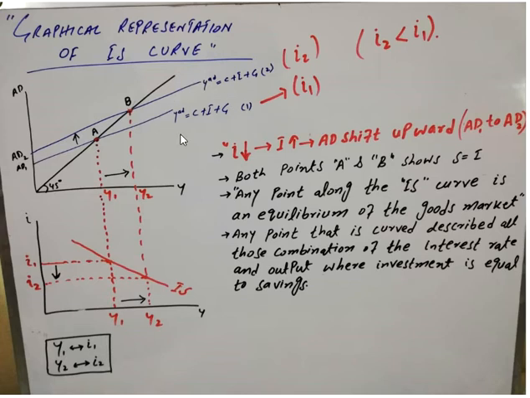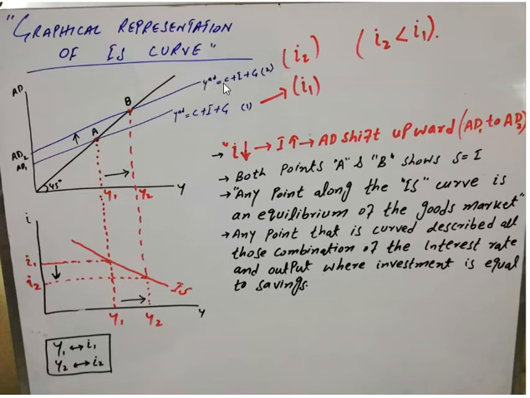In this equation the interest rate will be I1, and in this equation the interest rate will be I2, and I2 is less than I1. Why is it less than I1? Because here the interest rate is high, and in this aggregate demand the interest rate is low.